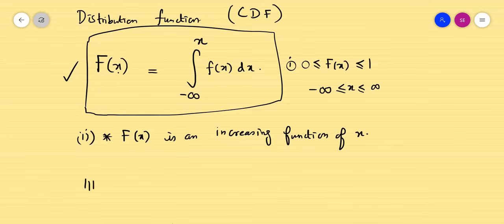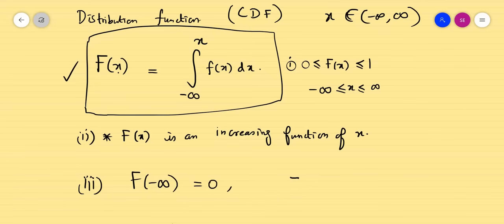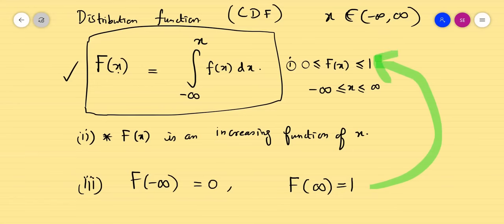Now you see my x limit is between minus infinity and infinity. So F of minus infinity, the lower limit, is always 0. F of infinity is 1, because we know this property: F of x lies between 0 and 1. So when I put minus infinity, I will get 0, and when I put plus infinity, I will get 1.